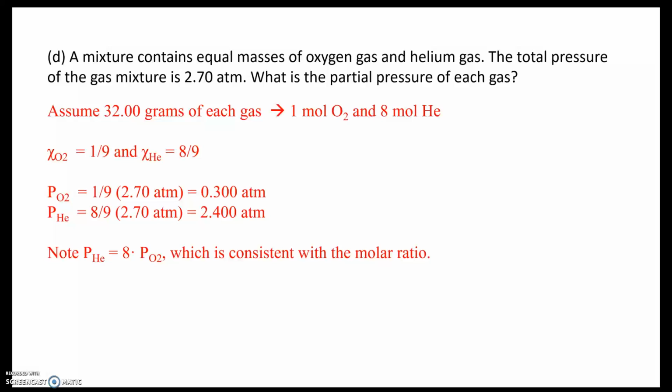And the partial pressure of helium would be 8/9 of 2.7 atmospheres, which would be 2.400. I add those together, of course, I get 2.70 atmospheres. And note that the partial pressure of helium is equal to 8 times the partial pressure of oxygen, which is entirely consistent with our molar ratio.